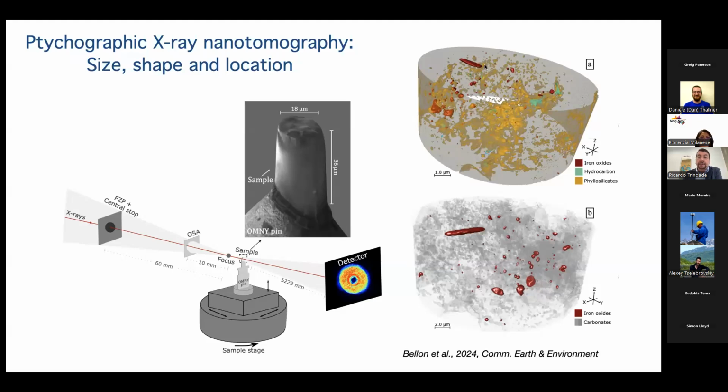We have iron oxides separated from phyllosilicates that are shown in yellow. The gray background is the carbonate, and we also have some hydrocarbon in green. Here at the bottom, we have all the iron oxides shown in dark red. So all those particles are natural particles that are related to the different phases of magnetization in this rock.